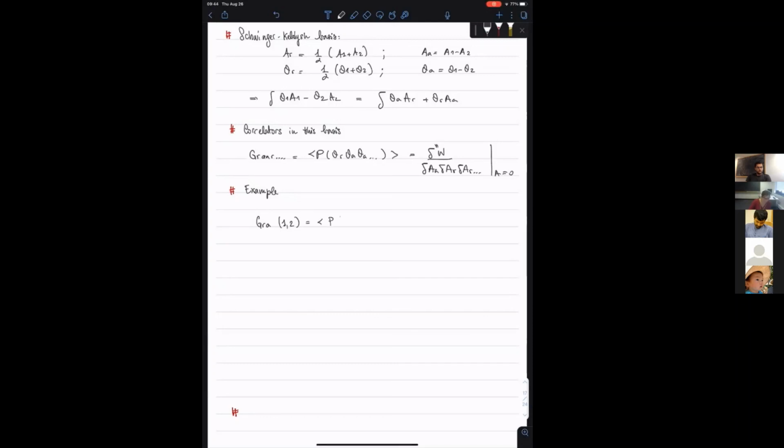So this will be the path ordered of O_R of 1, O_A of 2, where O_R is the average at the same time, and this one here is the difference between the 2 operators.